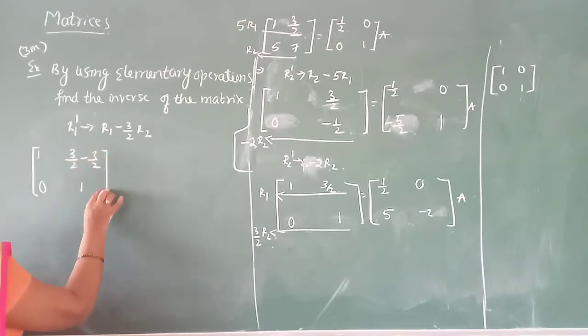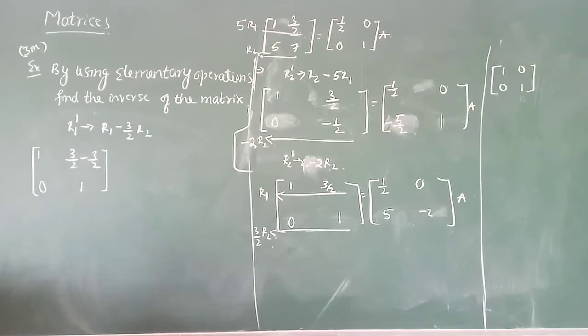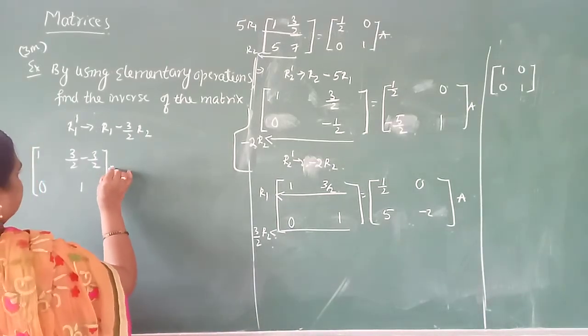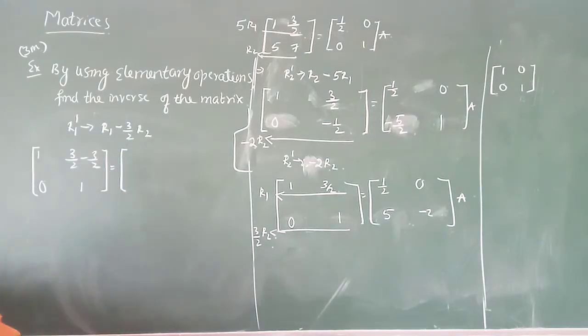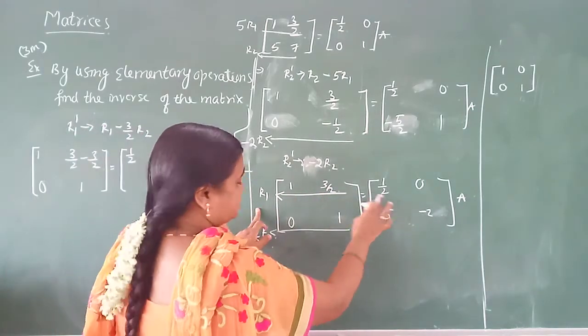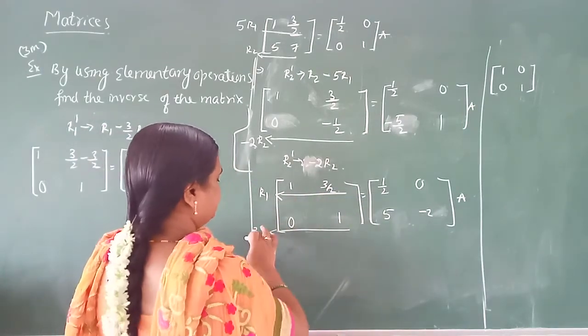And this is equal to, the only changes we have done are in the first row. There is no change in the second row. Remember that. 1 by 2 as it is in the first row. The second row is multiplied by 3 by 2.